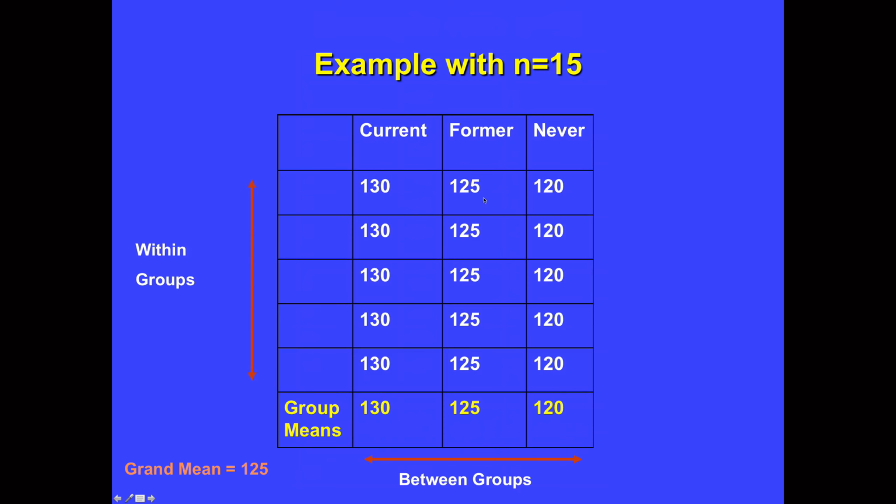And the same is true for the former and the never smokers. The group here seems to be explaining all variation in the data, and there is variation because the group means do change, and you can see that intuitively because the individual systolic blood pressure values are not all identical.